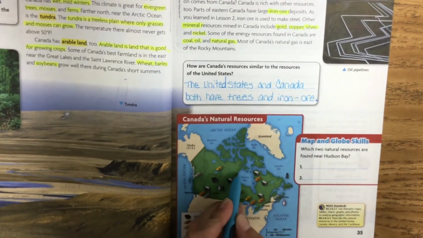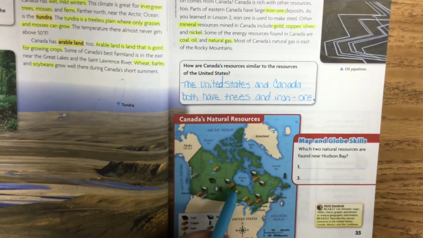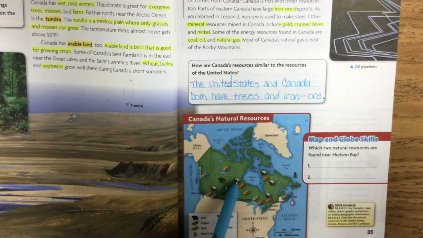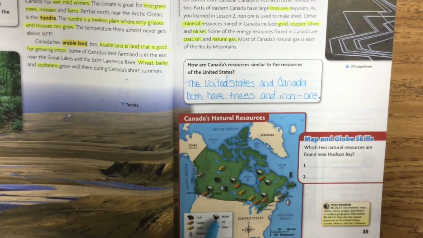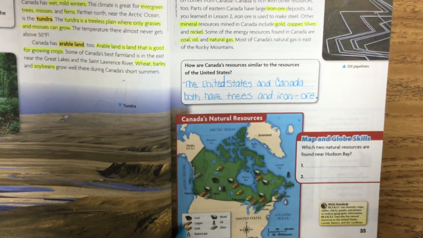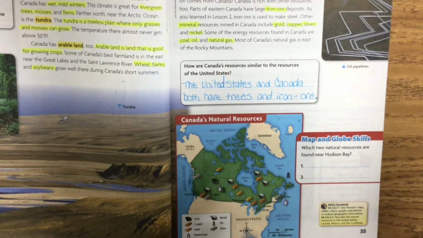Well, I see here is Hudson Bay. And if I look around Hudson Bay, I see this symbol, which represents nickel. And then I also see this symbol represents copper. So I'm going to write nickel and copper.